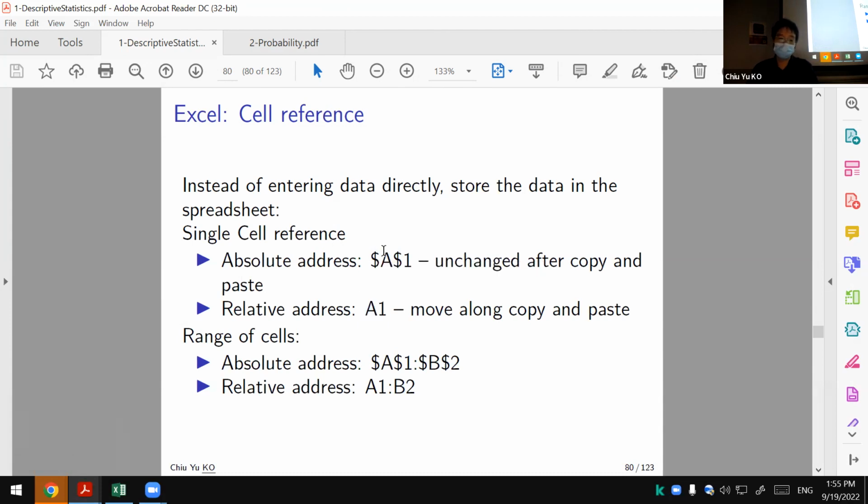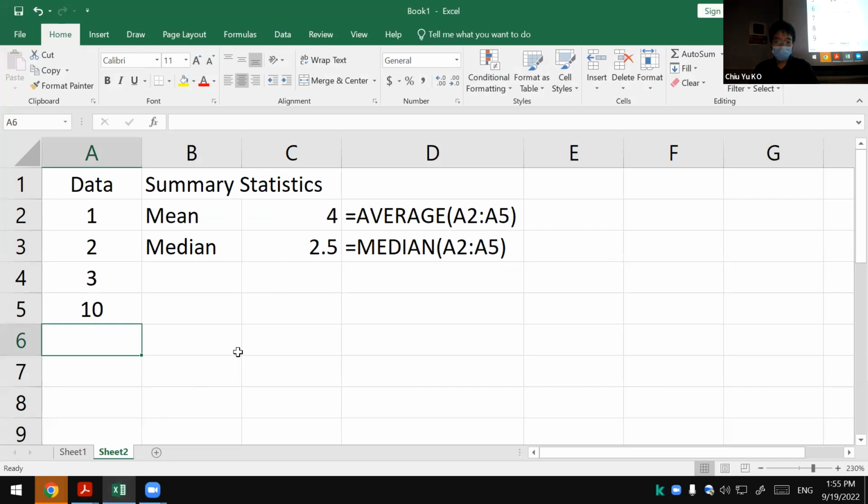It's about what happens when you copy and paste, whether your cell reference moves with you. If you don't want it to move with you, you put a $ there. We don't elaborate the reason, but you will see that it becomes important when you want to become an advanced user, but we don't want to go into that detail.